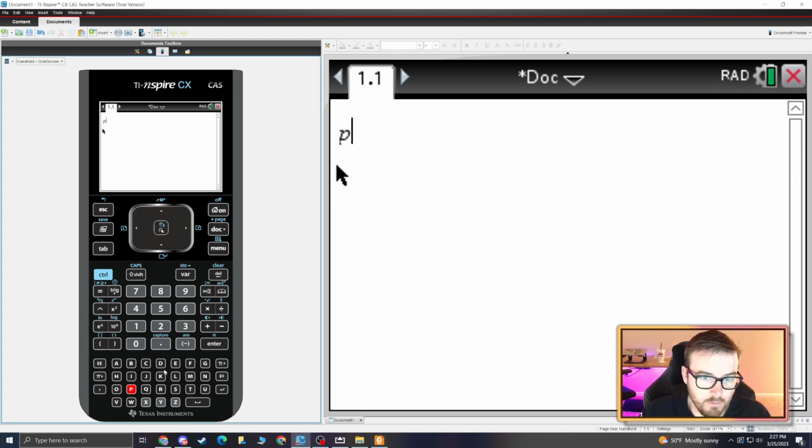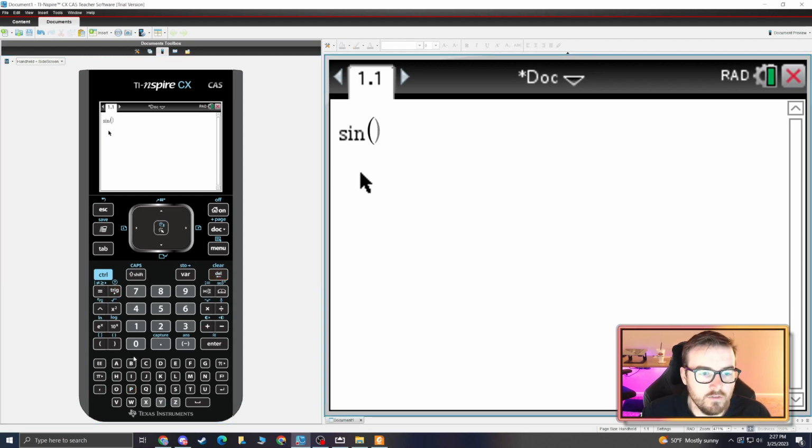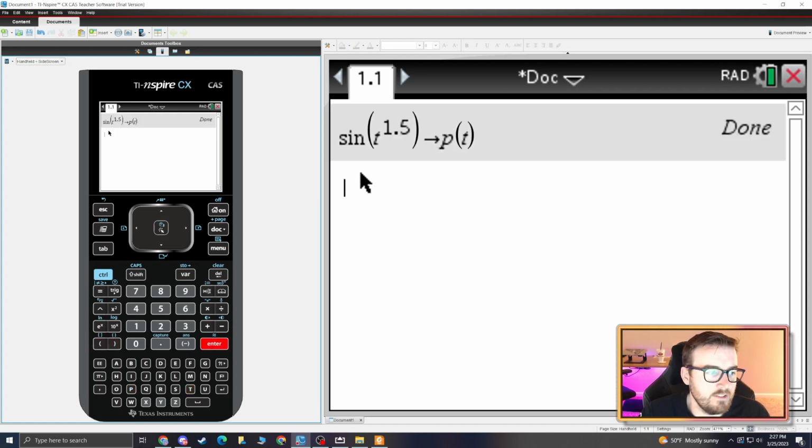So I'm going to do P for particle P. I'm going to type in sine of t raised to the 1.5, and I'm going to store this as P of t, just so I can use it later. That's something that I like to do.